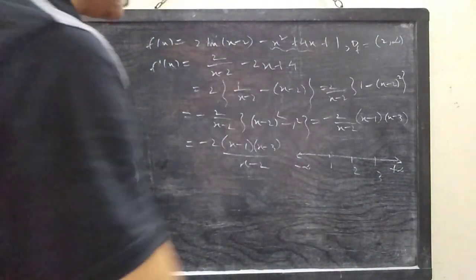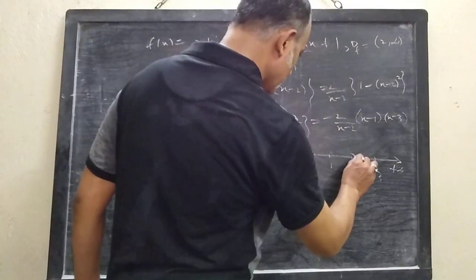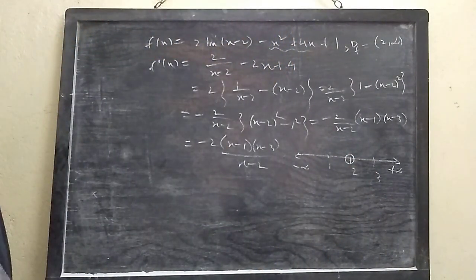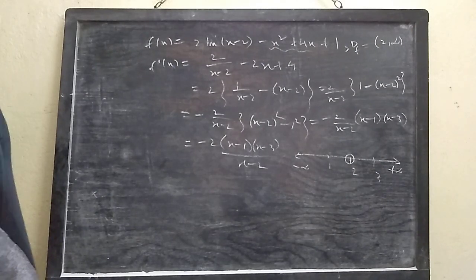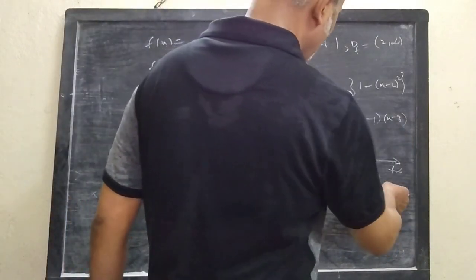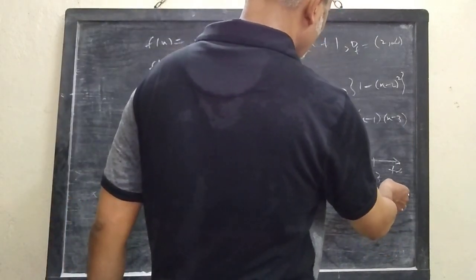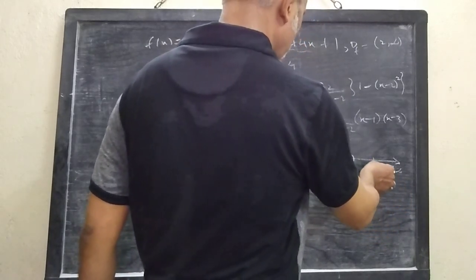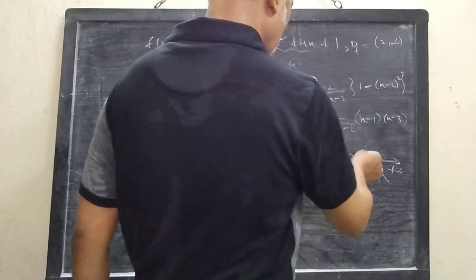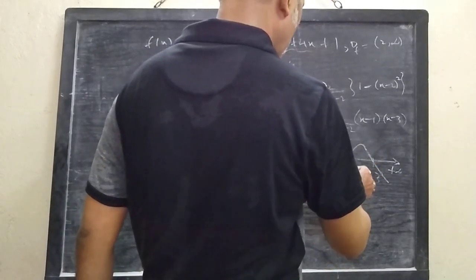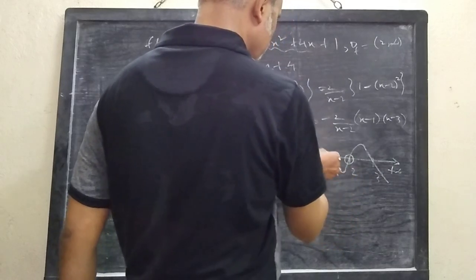And the zero of the denominator is 2, so this must be marked with an open circle, because this point can't belong to the solution set. Now take any point more than 3, say 4. For 4 this becomes negative, so your graph starts below the number line. It will cross through 3, then it will cross through 2, then it will cross through 1.